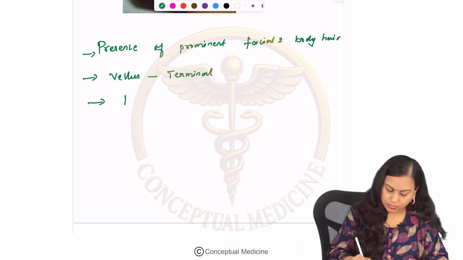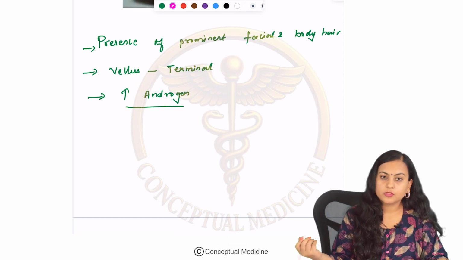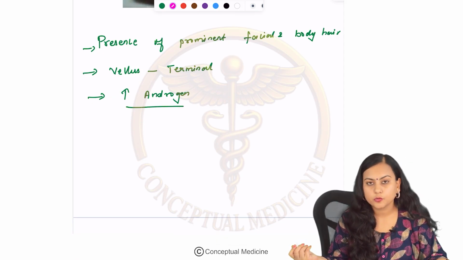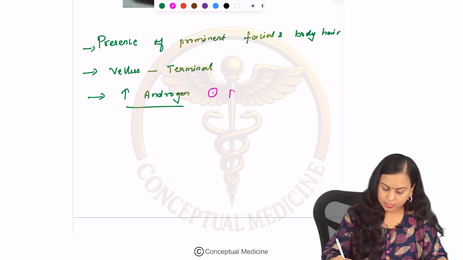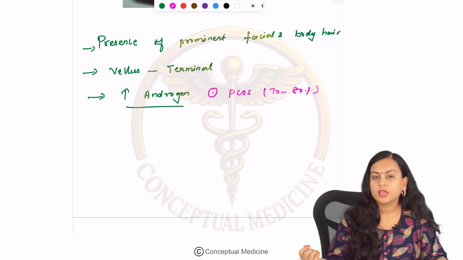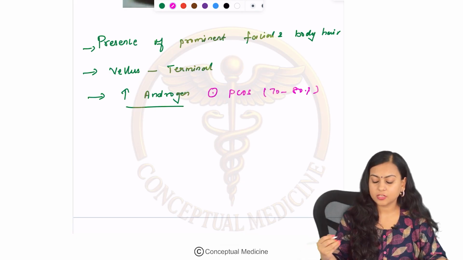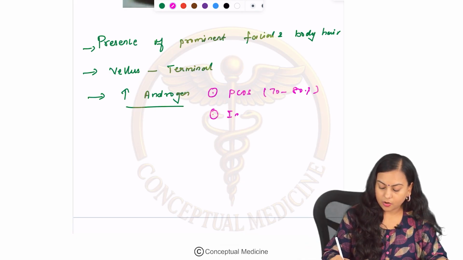Okay, due to increased androgen, these changes are seen. The common cause of hirsutism, just now we have discussed, is PCOS in 70 to 80% of the cases. Okay, there are so many causes, like congenital adrenal hyperplasia or tumor or drugs or anything. And yeah, of course, idiopathic also in some cases.